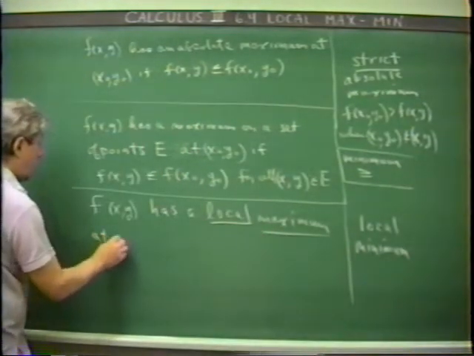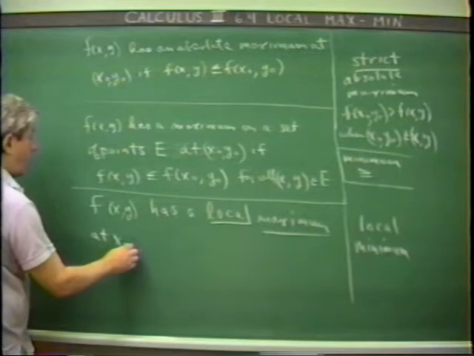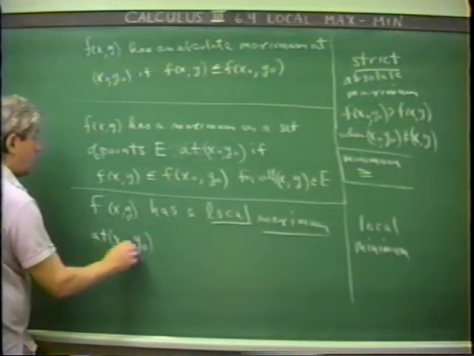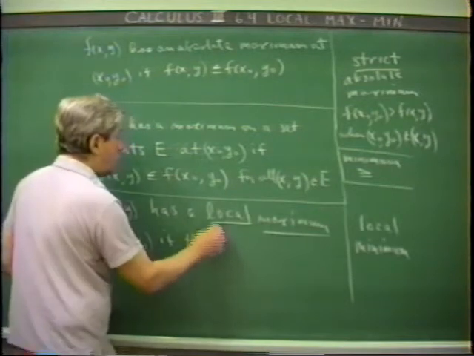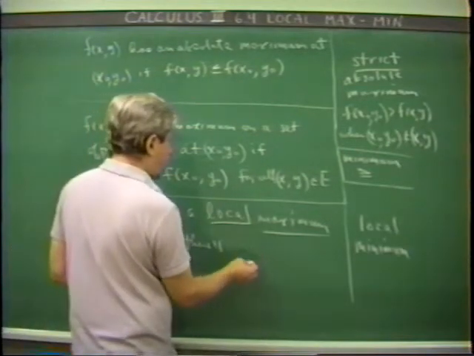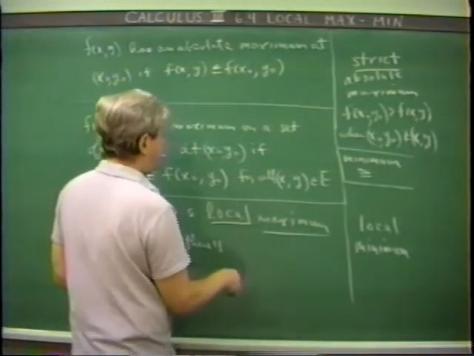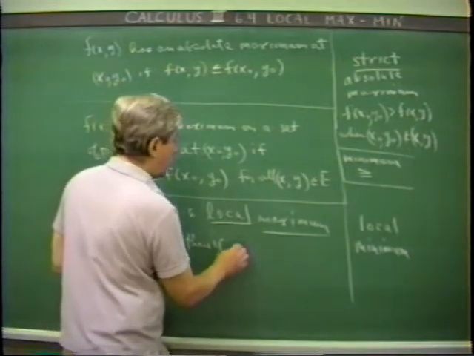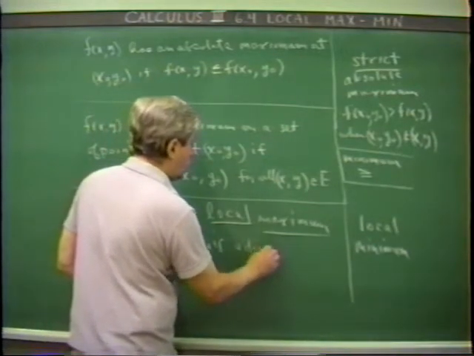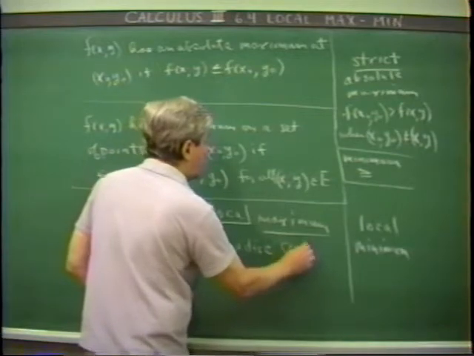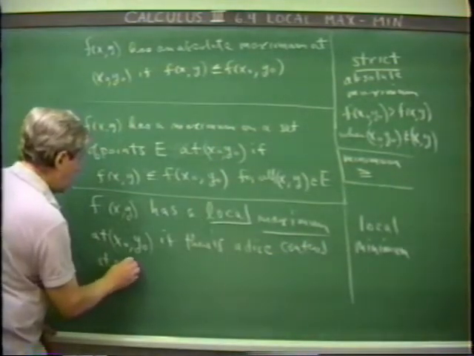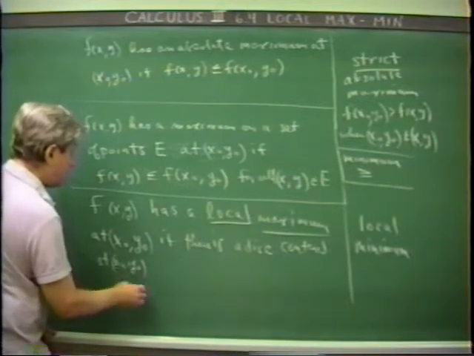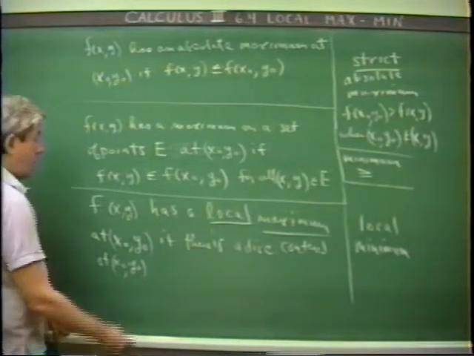It has a local maximum at point x naught, y naught, if there is a circle of radius, a disk, if you want, centered at x naught, y naught.